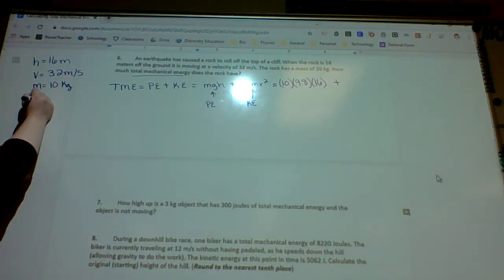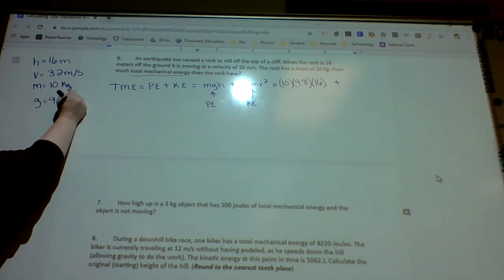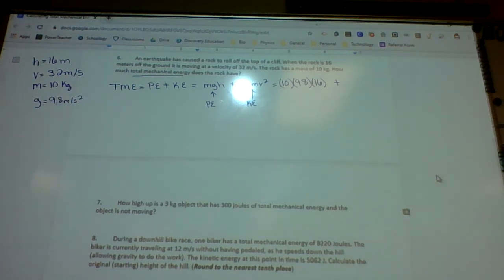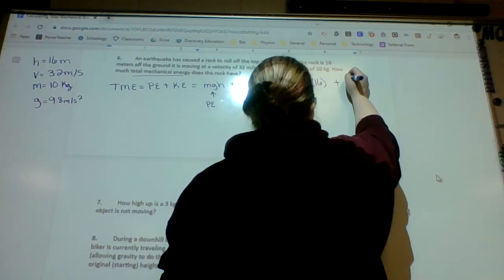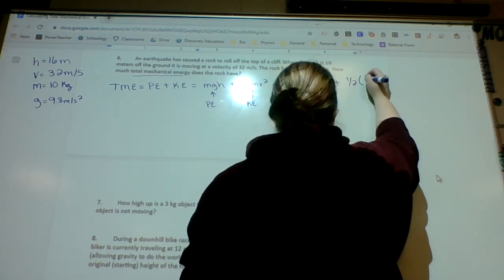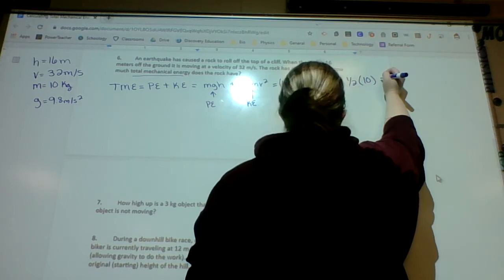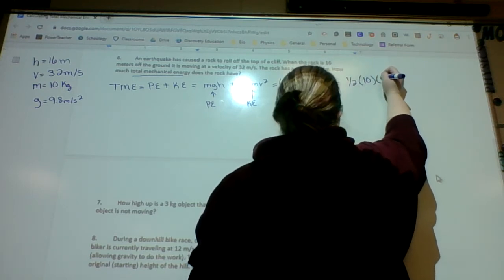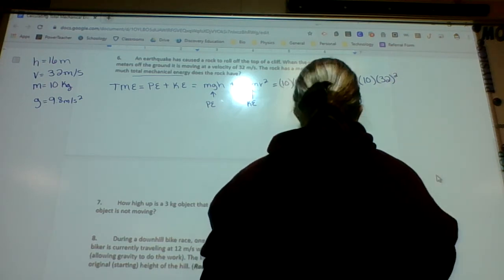So gravity, we always know, is 9.8 meters per second squared. And then I have my kinetic energy, which is 1/2 times my mass, which is 10 kilograms, times my velocity, which is 32 meters per second, and then I square that.